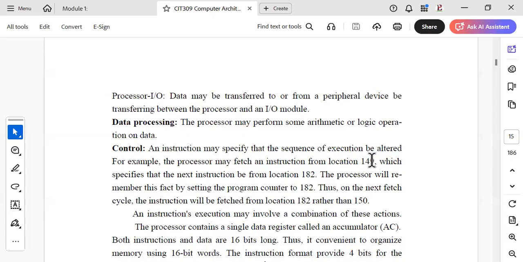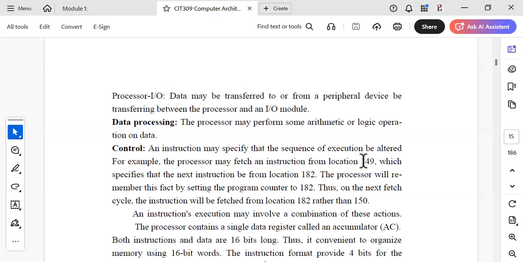But if the instruction I'm working on right now is at location 149, and what I want to do next is not at 150, it's at 182, I will need the control to come in.